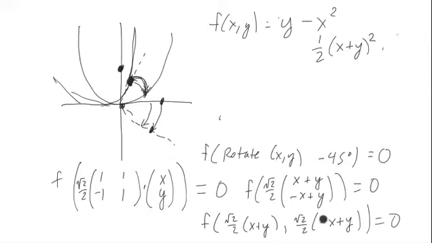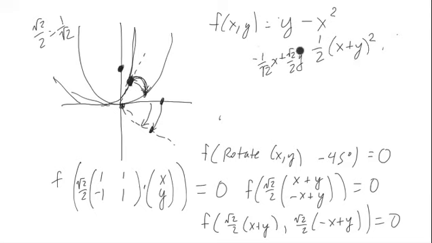And then over here, I'll just think of this as 1 over root 2, because root 2 over 2 is just 1 over root 2. That's another way of thinking about it. So this would be negative 1 over root 2 times x, plus 1 over root 2 times y. Let's think about what I'm doing.